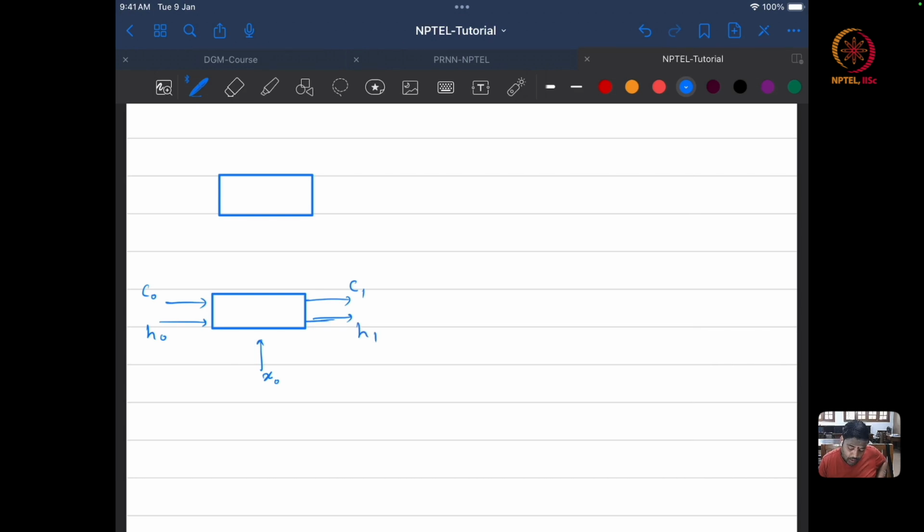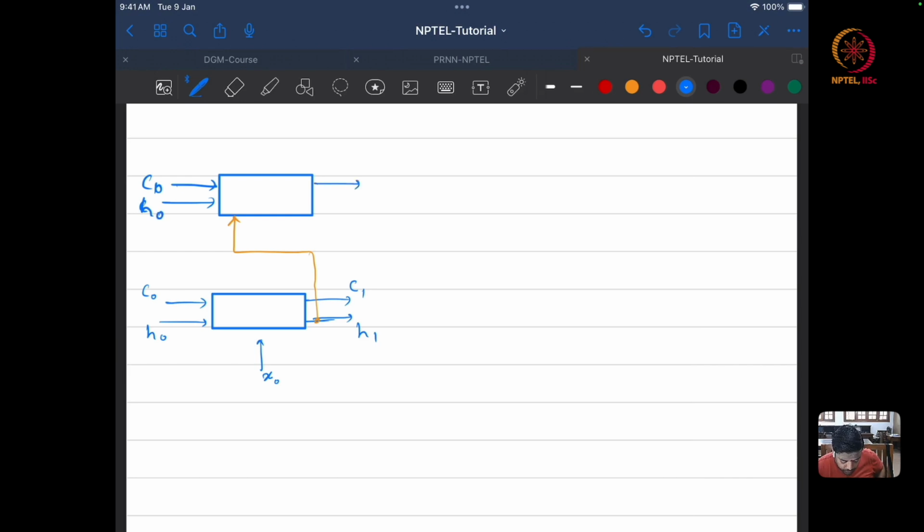Okay. Now you take this H1 and give it as an input for another one. Now see here. Here you used to give X0. This is your first input of the sequence. You take the hidden state here and give it to this. And again you will have, sorry, this is C0 and H0 of the other layer.